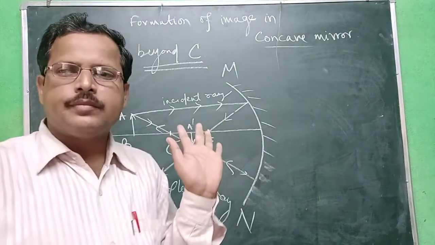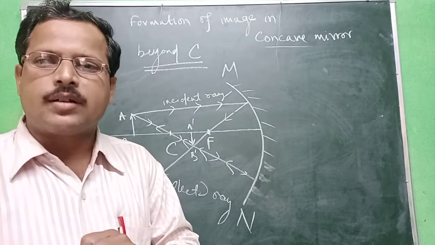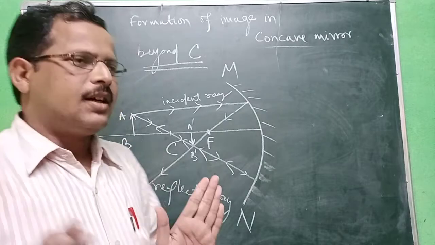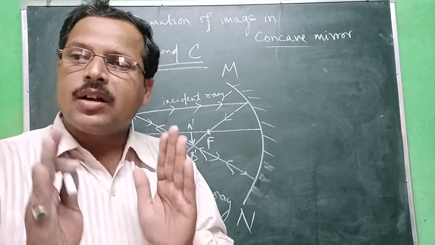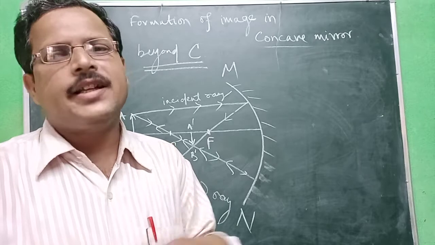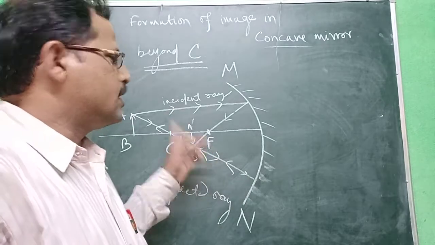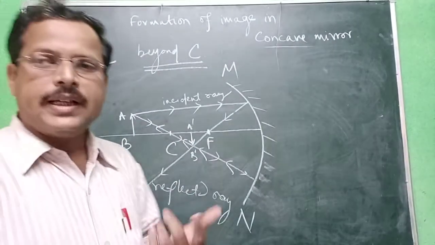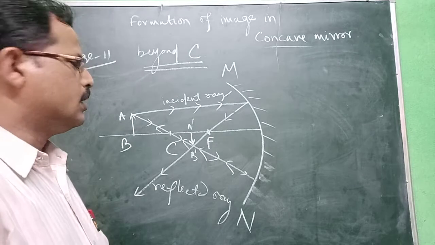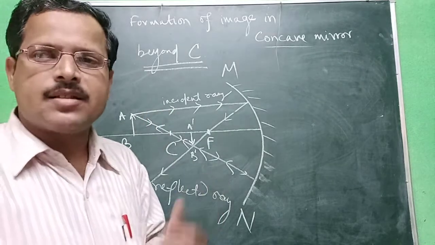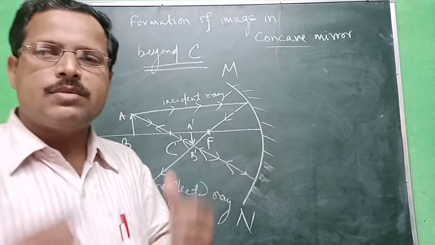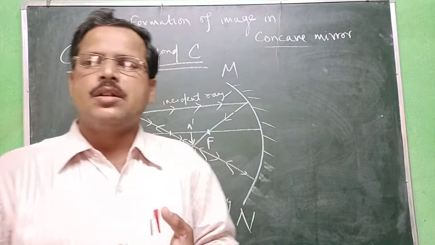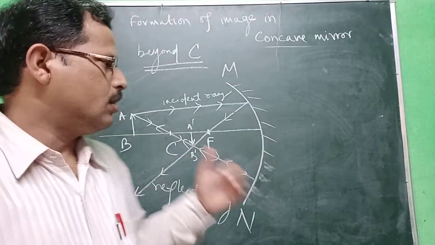First point clear? Next, second point, nature. As I said, the image produced by a concave mirror is real and inverted. Third, size. The image is small as compared to the object.